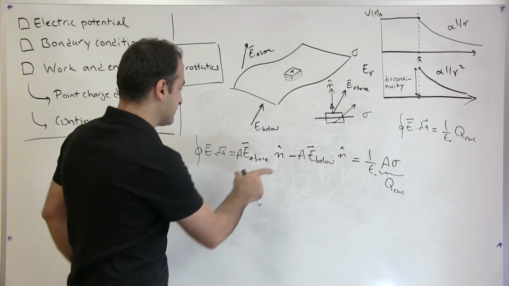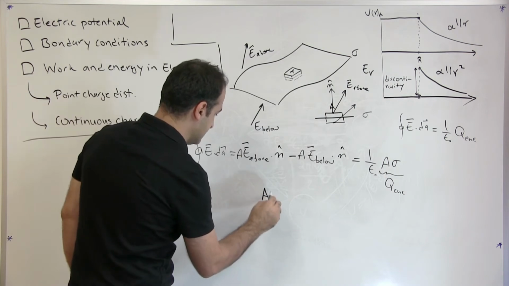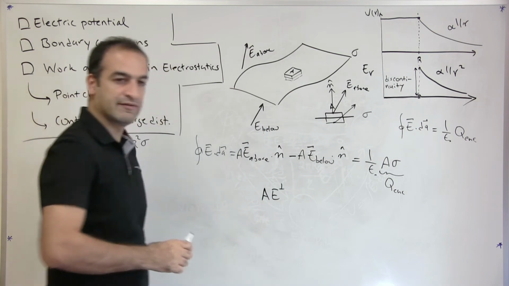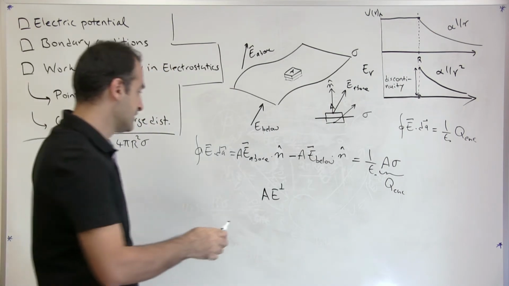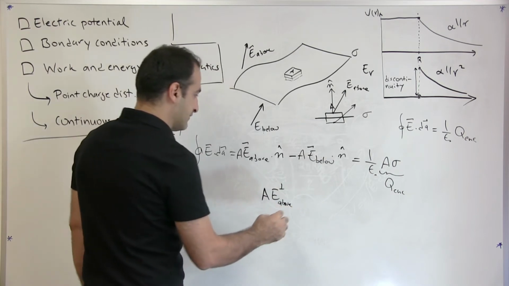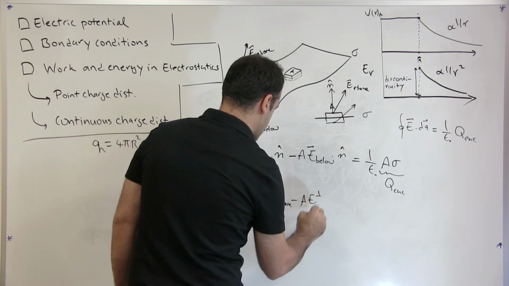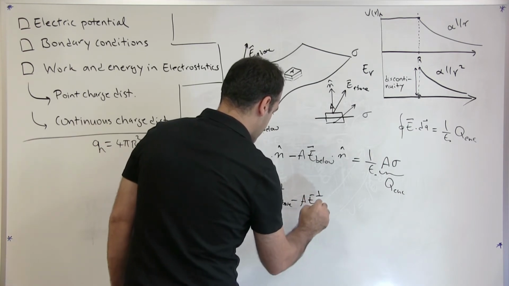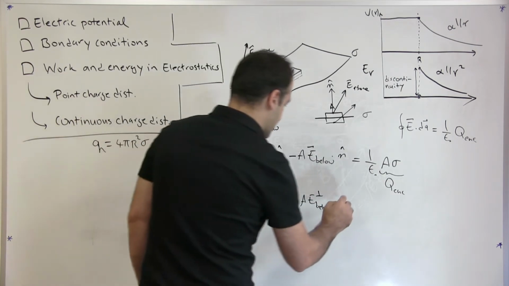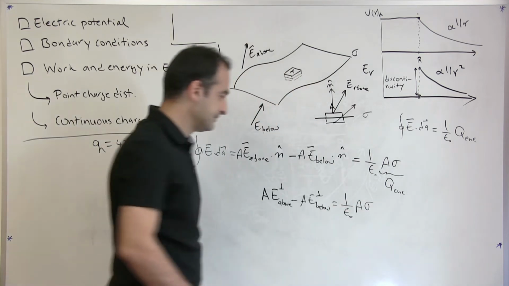I want to change this notation and write it more simply as A times E with this sign, which refers to the normal component of the electric field that is above the surface. And for the other one, I want to say A times the normal component of the electric field that is below the surface. And that should be equal to 1 over epsilon 0 A times sigma.